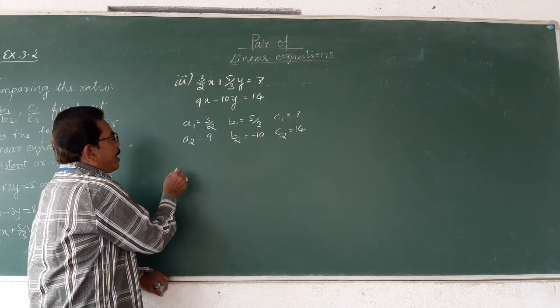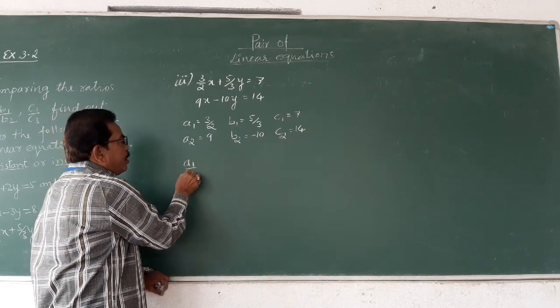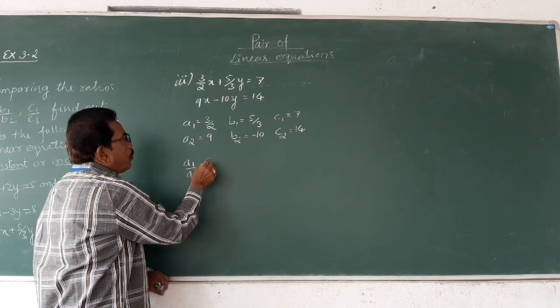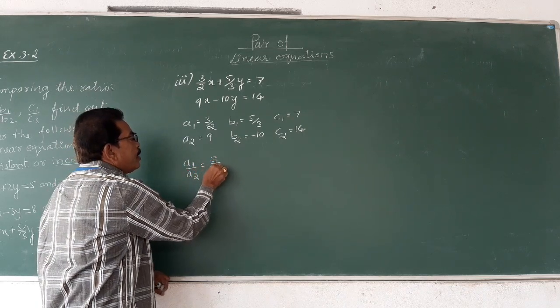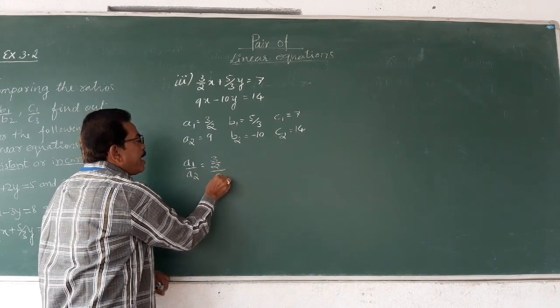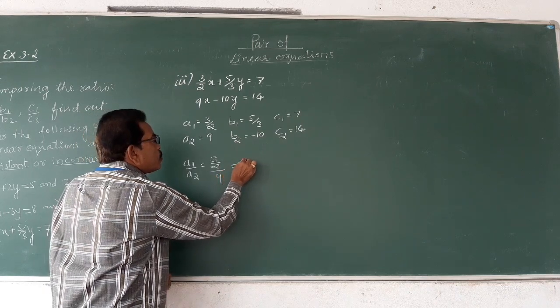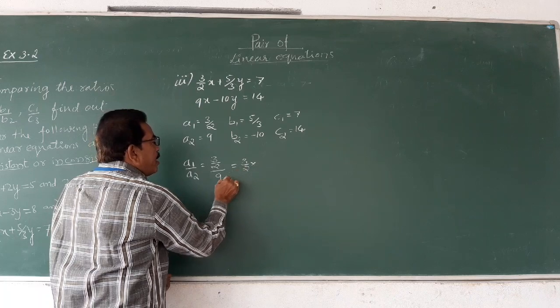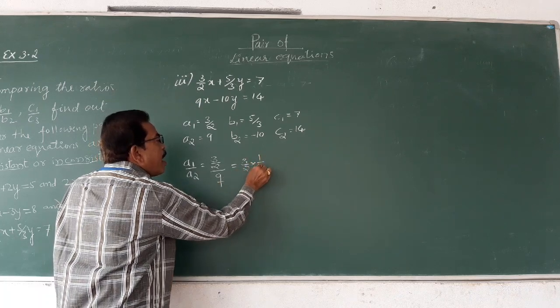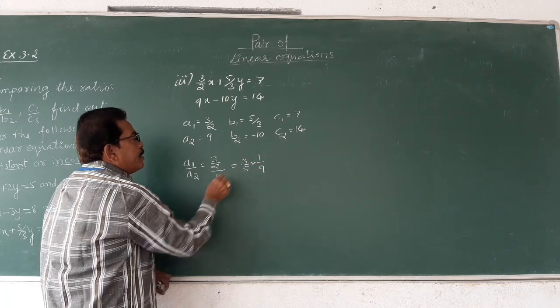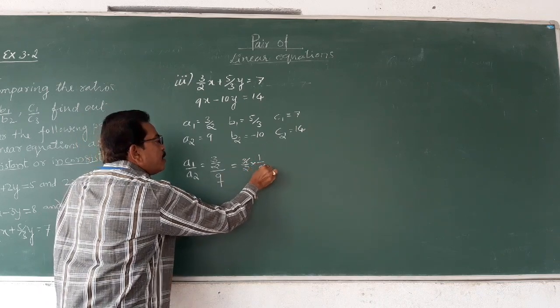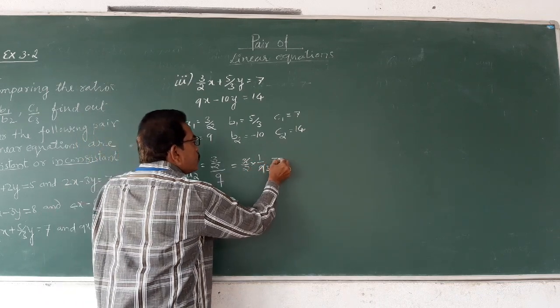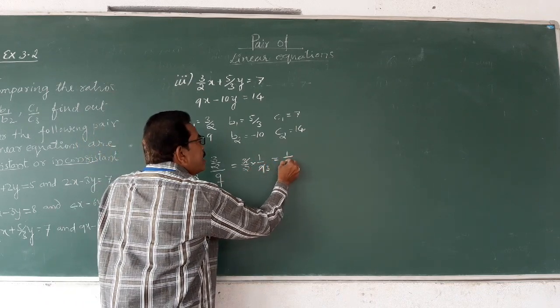Now, comparing the ratios, a1 by a2 equals 3 by 2 divided by 9, which is 3 by 2 into 1 by 9, that is equal to 1 by 6.